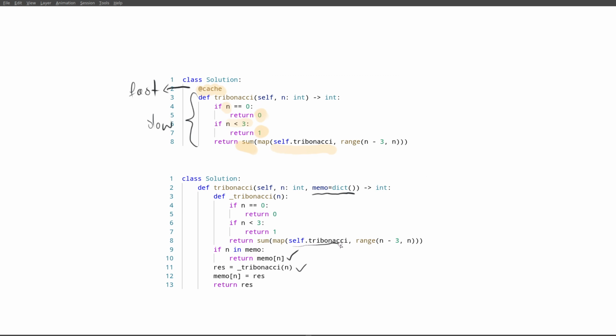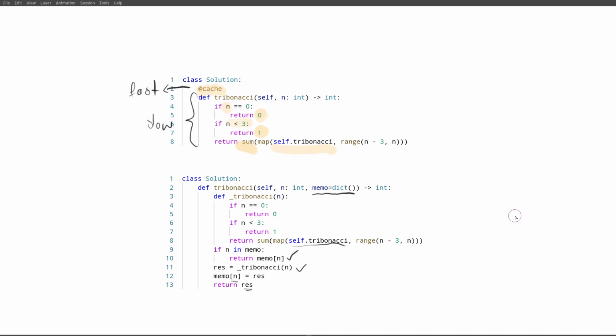Here we recurse on that outer function. So it just calculates the value at that position, remembers it in the dictionary, and returns it. And in that way, whenever we ask again, for instance, for the Tribonacci number of 7, we just have it in our dictionary, and we can return it, instead of doing recursion and other things like that. So this is enough to solve this problem.